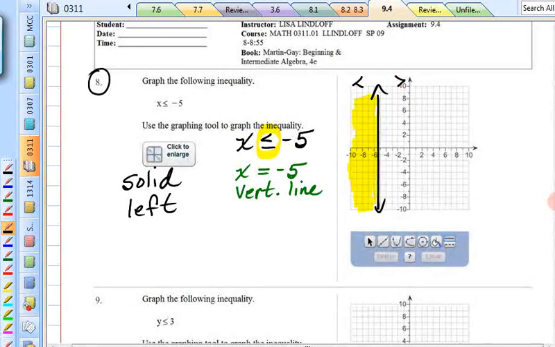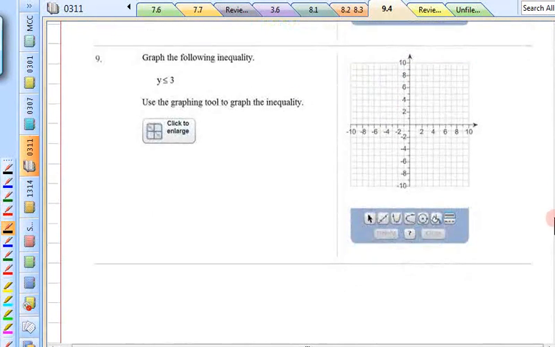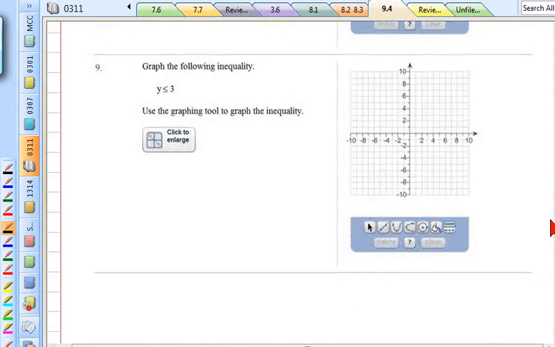Let's look at number 9. It says graph the following inequality, and this time it is y is less than or equal to 3. What does the line y equals 3 look like? It is a horizontal line.